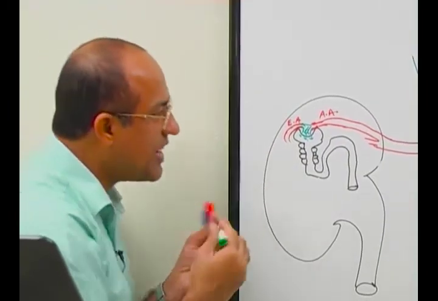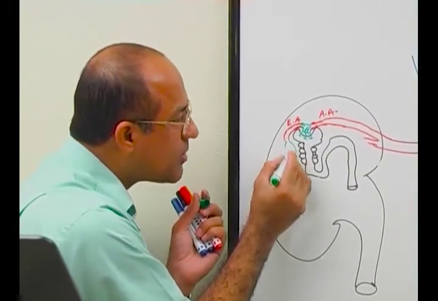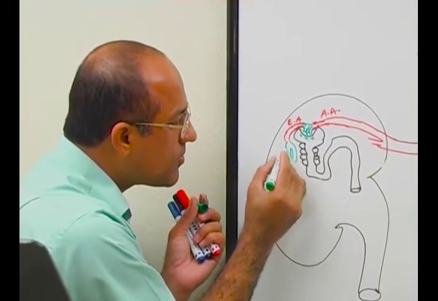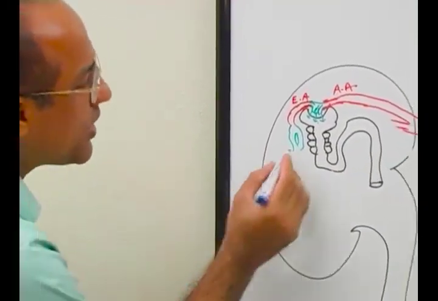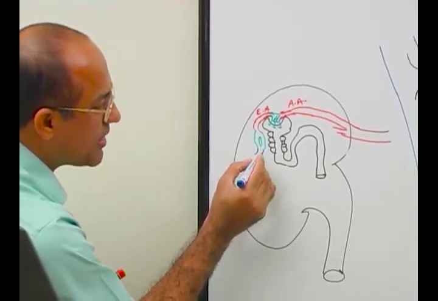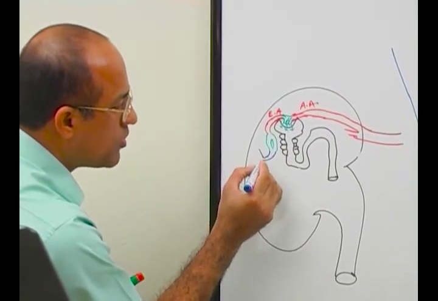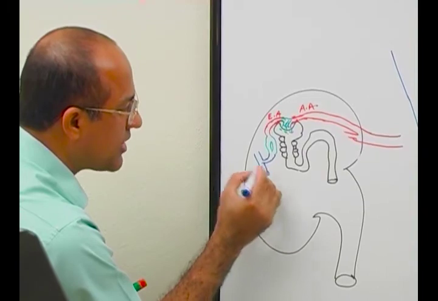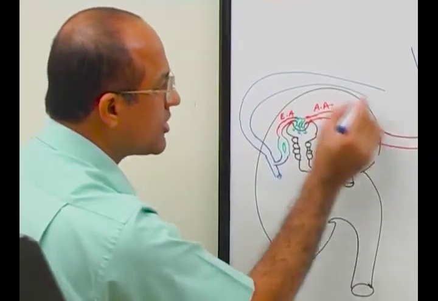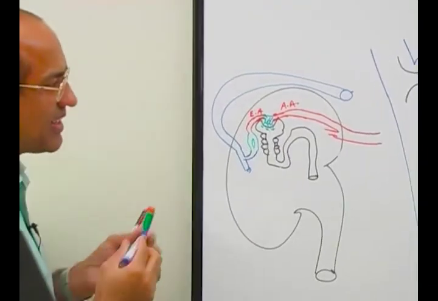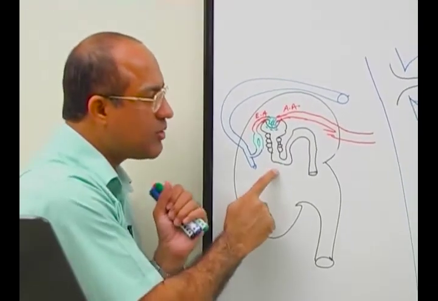Then this arteriole again breaks up into capillaries, and then eventually the second set of capillaries goes to the venous side, larger veins progressively, and eventually back through the renal vein.